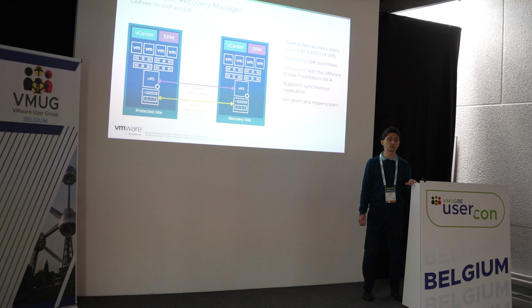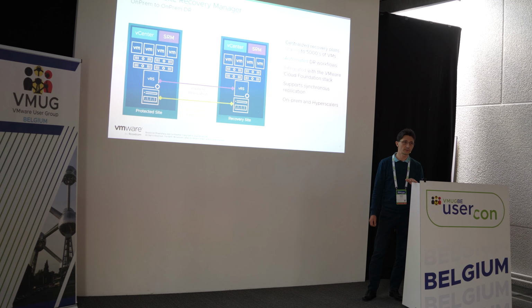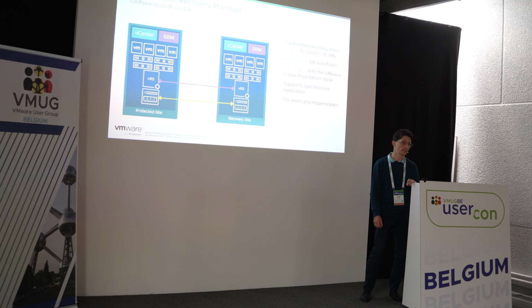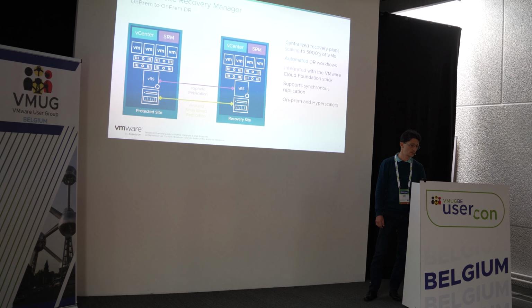It has a full set of APIs to build your automation with. And last but not least, deep integration with vSphere and the other parts of the VCF stack. It also supports hyperscalers.